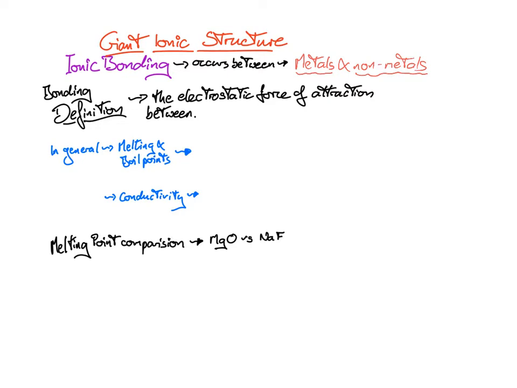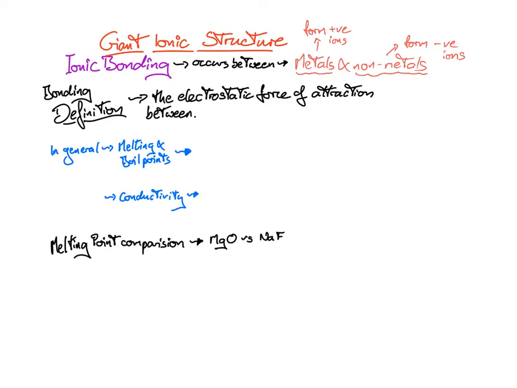That means the metals are going to lose electrons to form positive ions known as cations, and the non-metals are going to form negative ions known as anions.